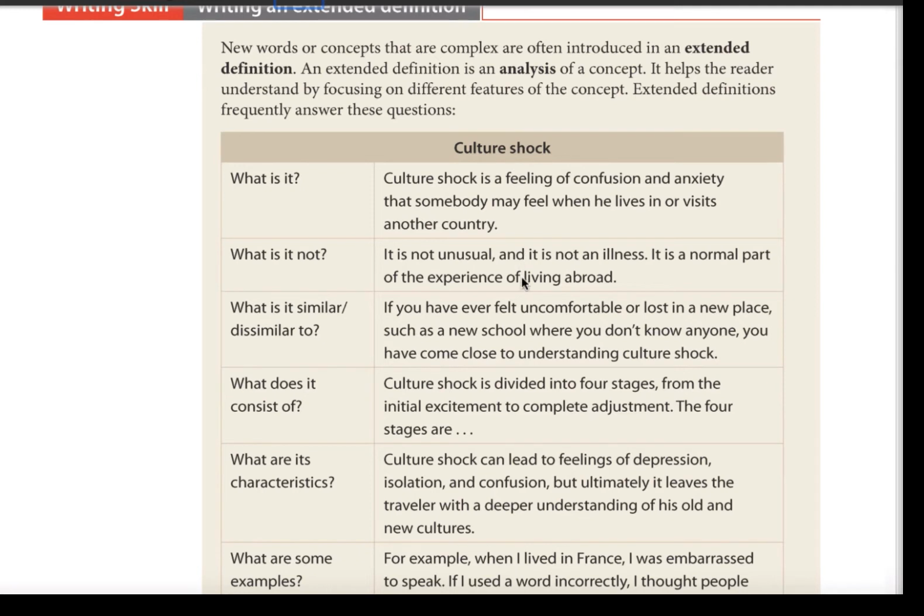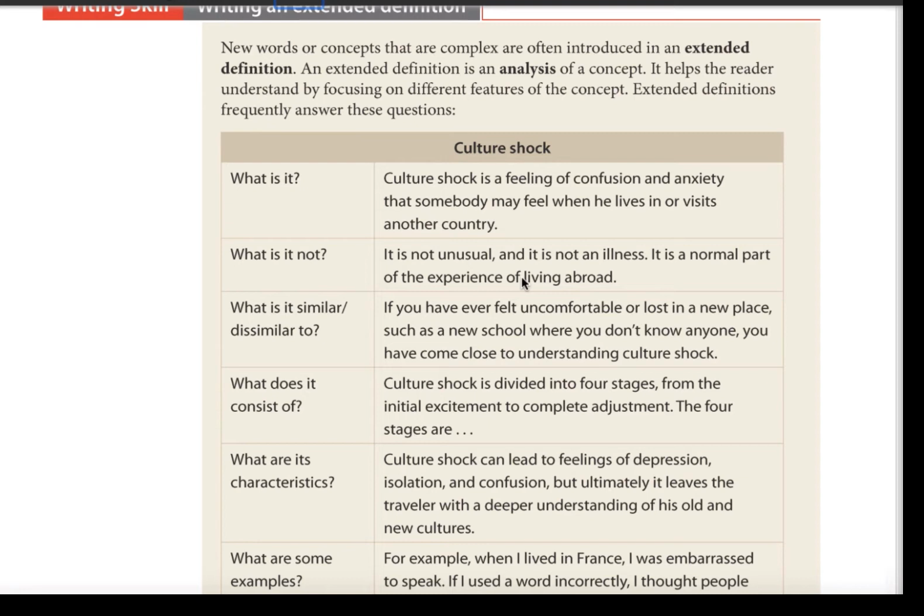But what is it not? A lot of people don't think about putting this in their essays when they're trying to explain a concept: this word is not this, or it's not that. So you can really help define or narrow what this word means.